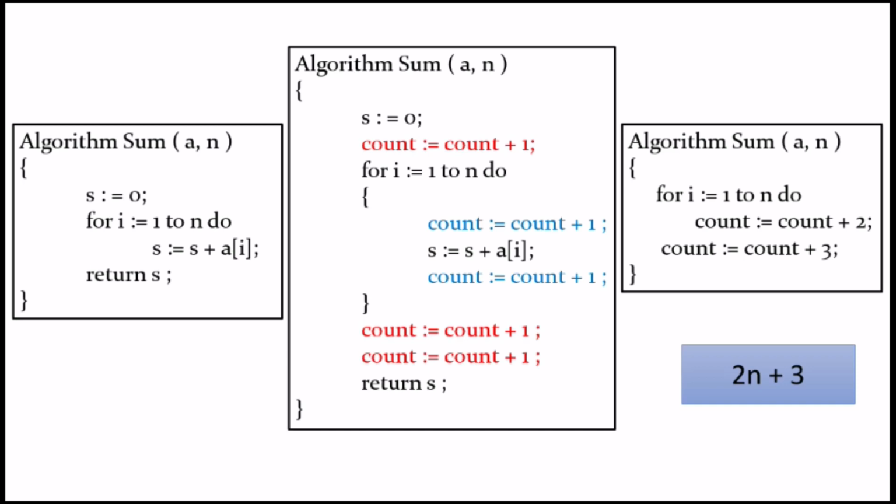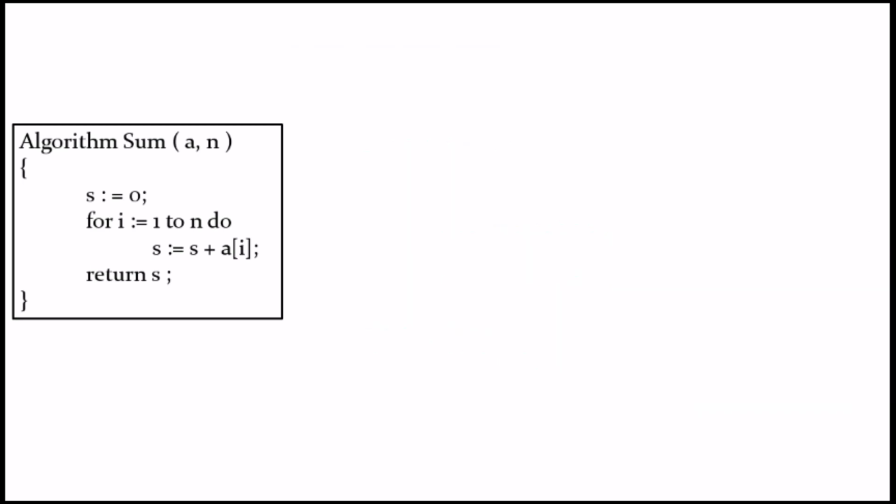So the same calculation for this particular algorithm, or any algorithm, we can do in another way, that is by using a table. Now by using the second method, we will count the steps required by an algorithm.